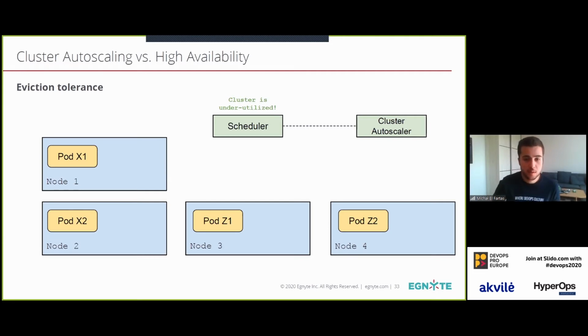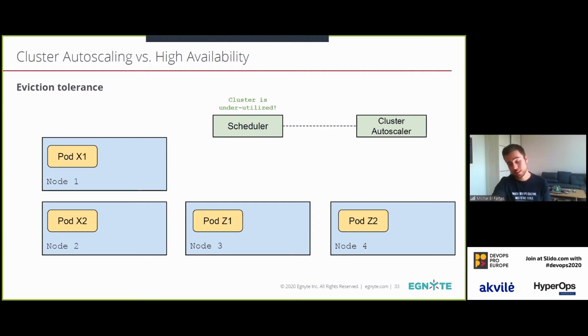And also, as you can see, we have the anti-affinity nicely configured. We have replicas of pod X distributed among 2 different nodes, pod Z among 2 different nodes. So it works as intended. But the scheduler and cluster autoscaler now detect that the cluster is underutilized. So we need to downscale it.